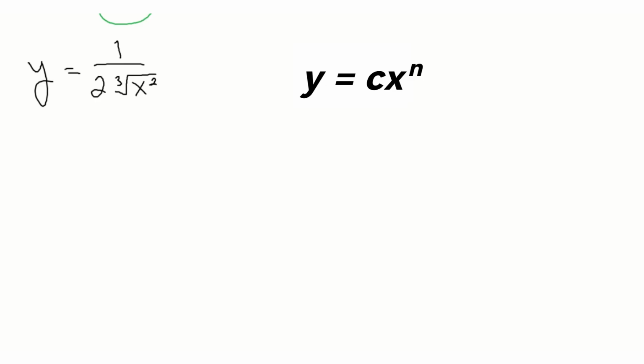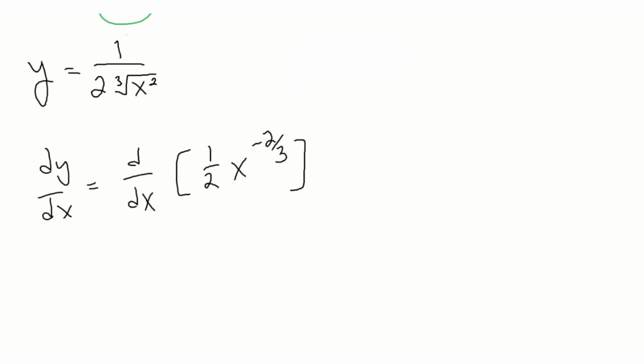Try this one. Y equals 1 over 2 times the cube root of x squared. First, try to rewrite this in the form of a constant times x raised to some power. The 1/2 came from there, and I rewrote the cube root of x squared as x to the 2 over 3.